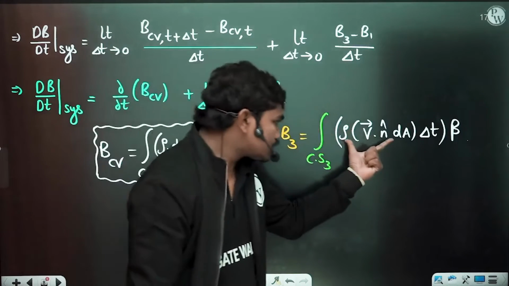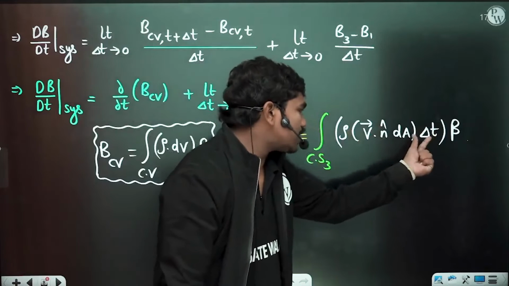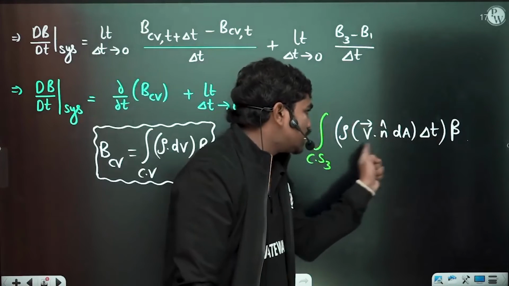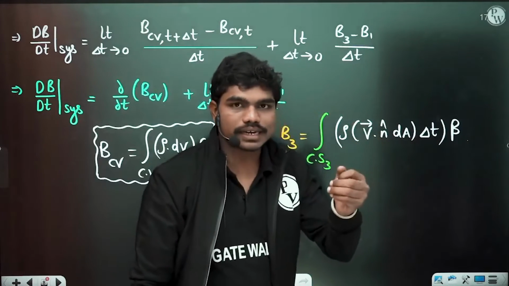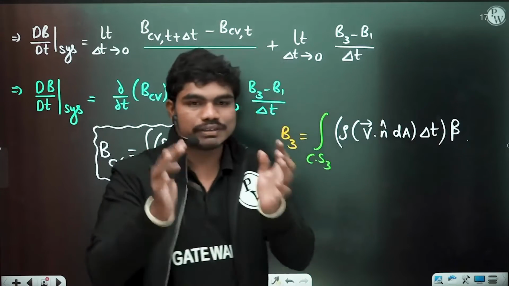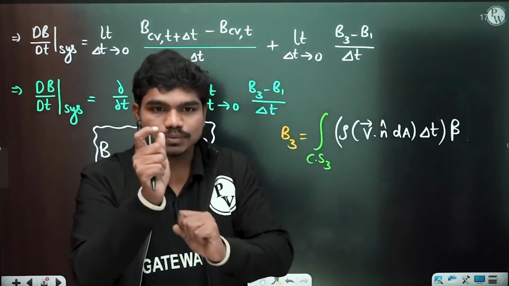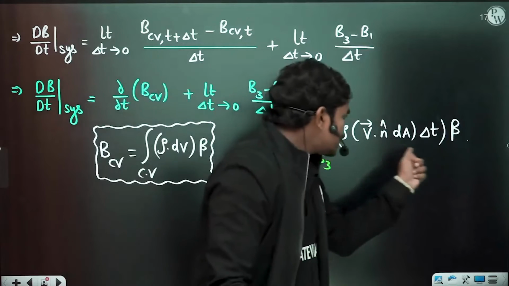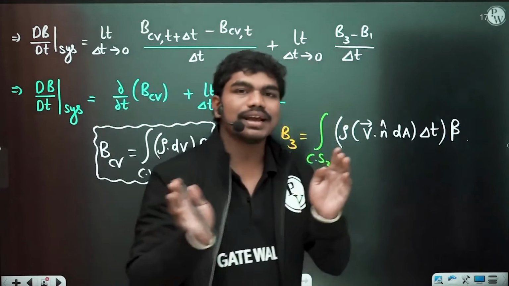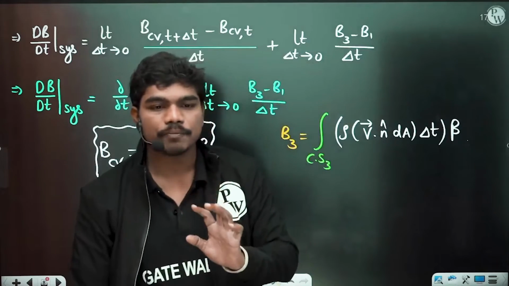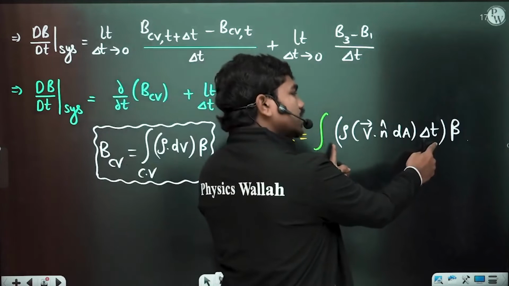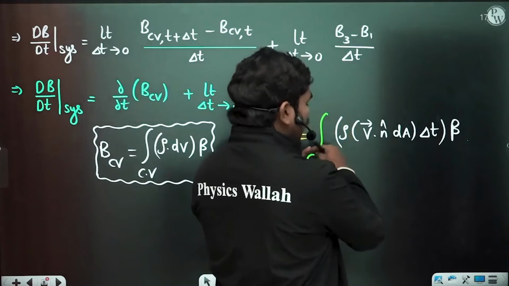So this is the mass flow rate. Within a small time delta t, this is the total mass that actually comes out, and the quantity per unit mass is beta. So from that particular control volume in a small time delta t, this is the total quantity which is coming out, correct? This is the mass of the system which is coming out of the control surface, of course upon integration.